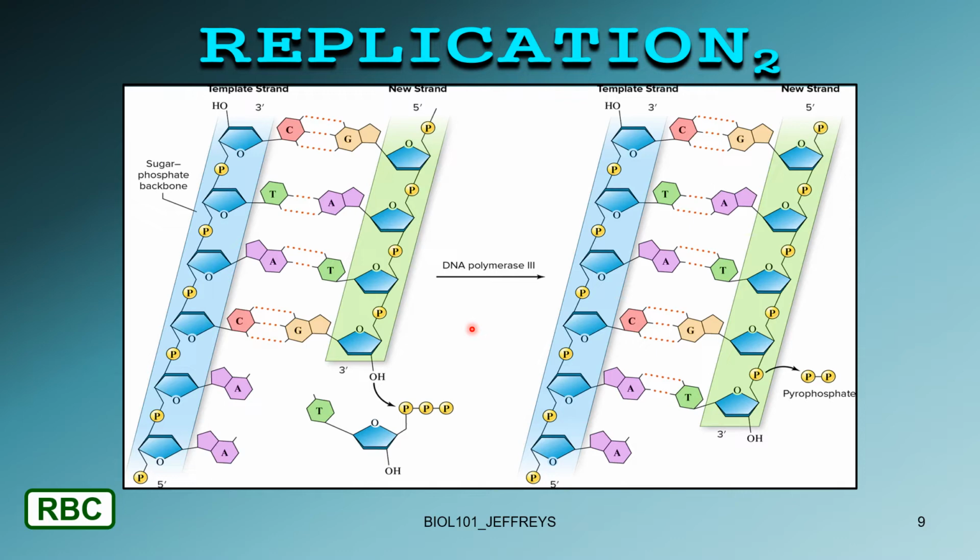Well, polymerase 3 is the one that lays down new nucleotides onto the growing new strand. And so here's the nucleotide. Here's a T that's going to connect to this A, and it's DNA polymerase 3 that brings this nucleotide in.